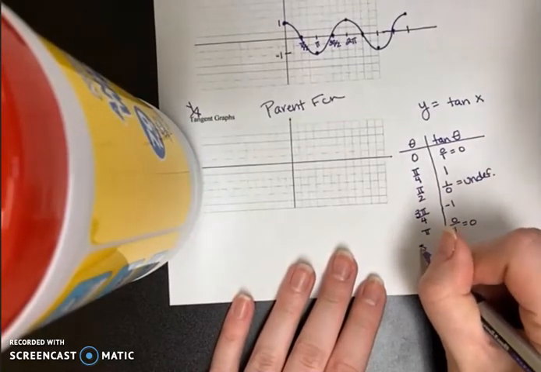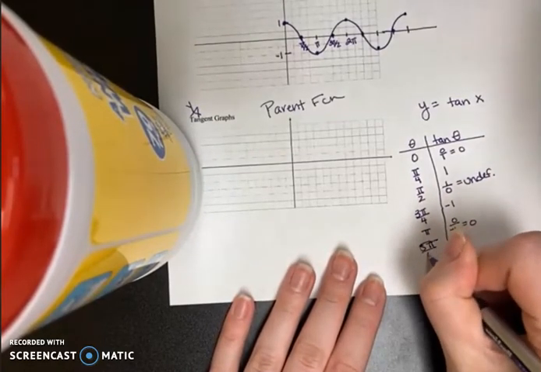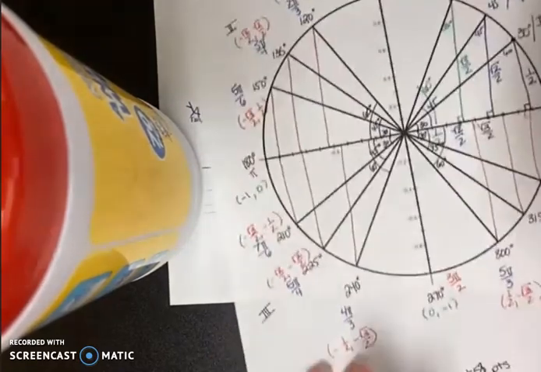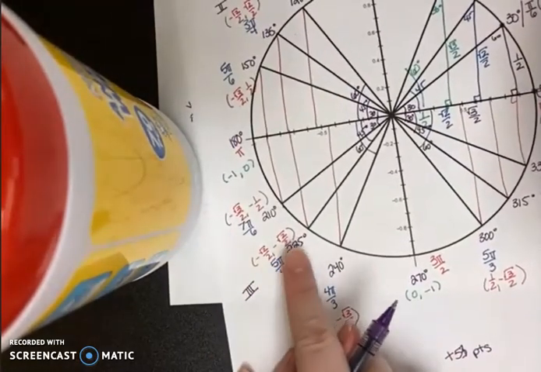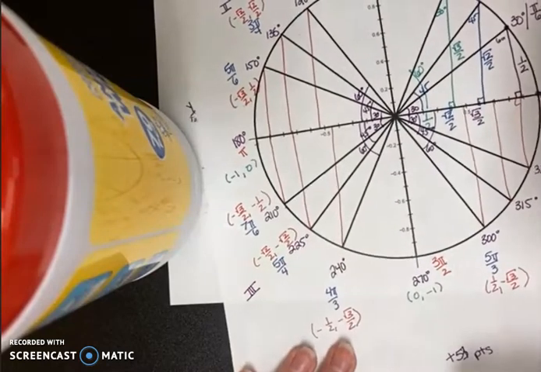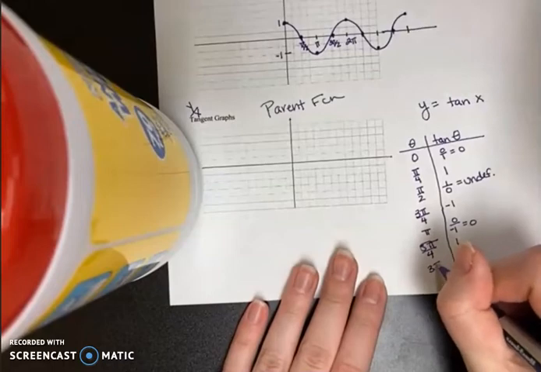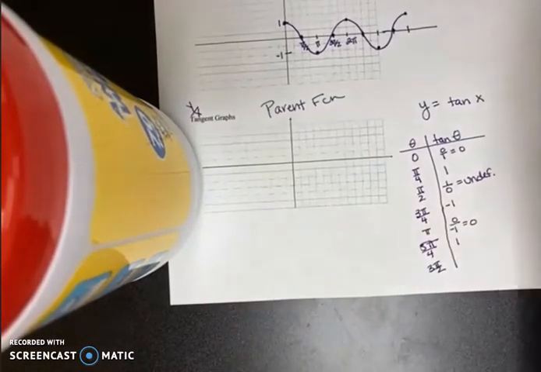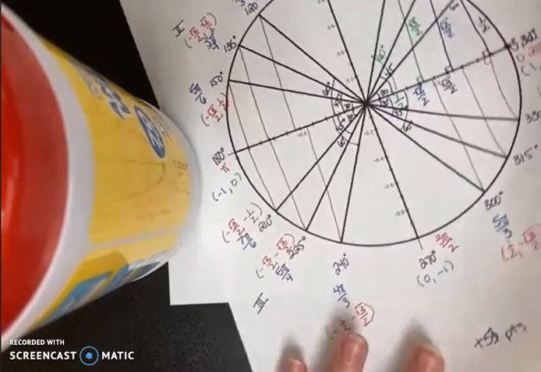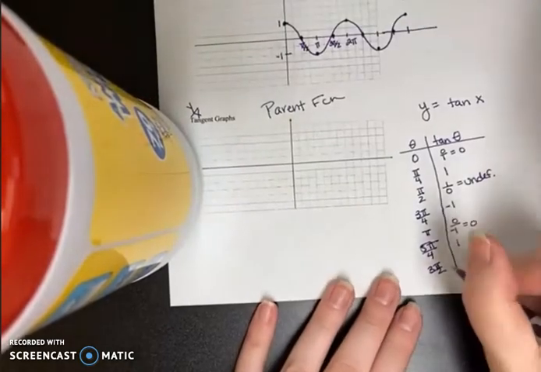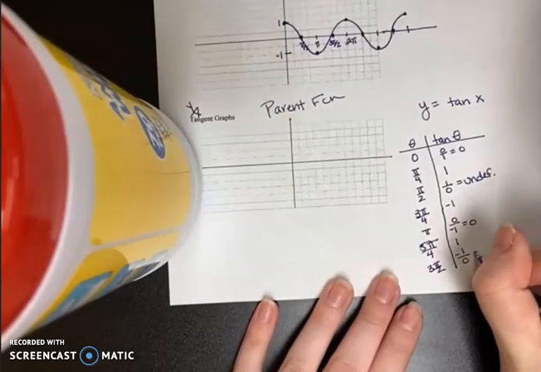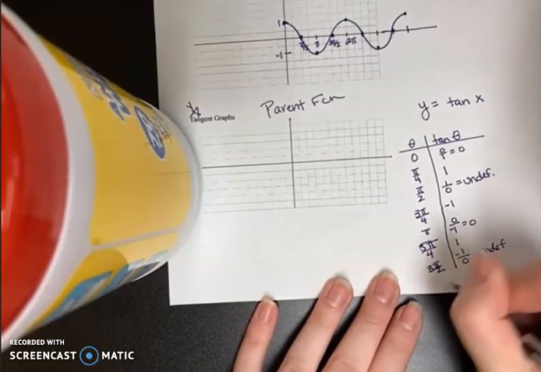Next would be 5 pi over 4. We have y over x, so that would give me a positive 1. Then 3 pi over 2 is the next quadrantal angle. Y over x, negative 1 over 0, which is undefined.